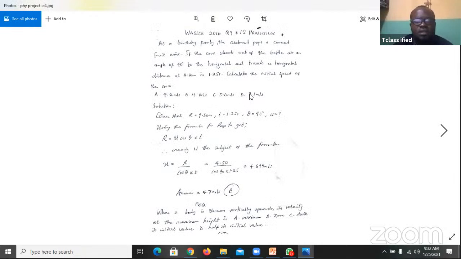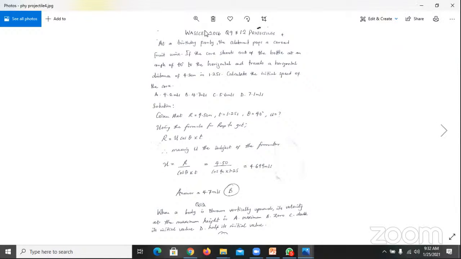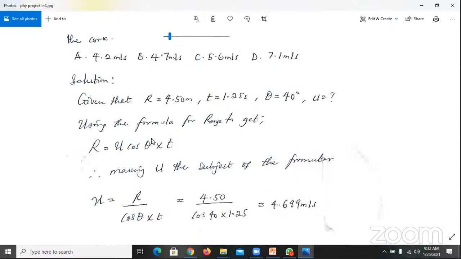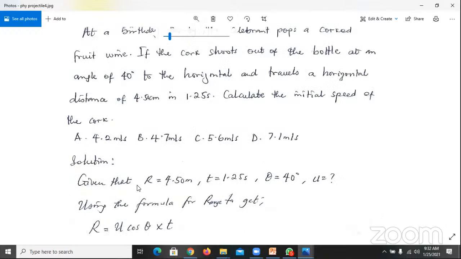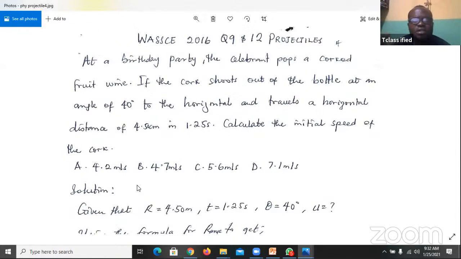Okay, so let's look at this one. WAEC 2016, questions 9 and 12, projectile. At a birthday party, the celebrant pops a cork of fruit wine. So the wine cork is making a projectile motion.